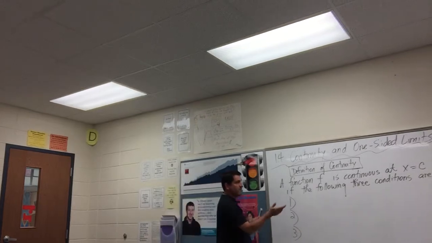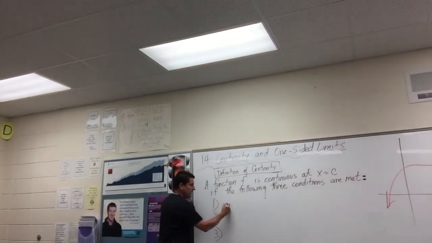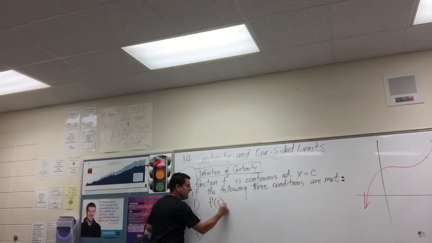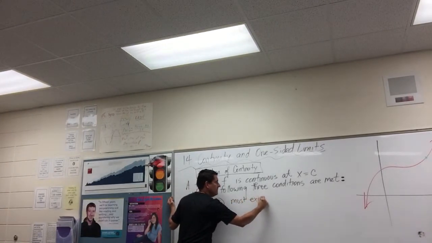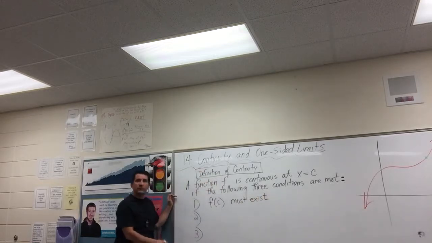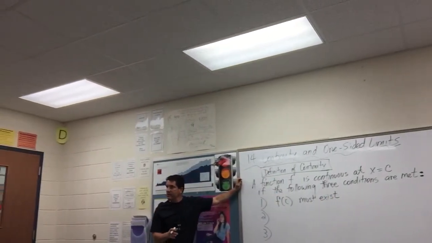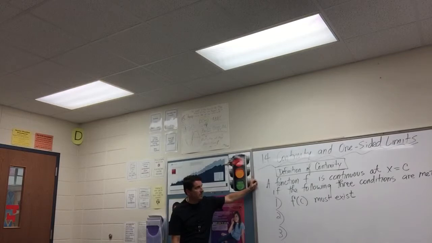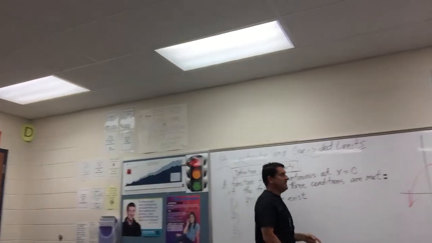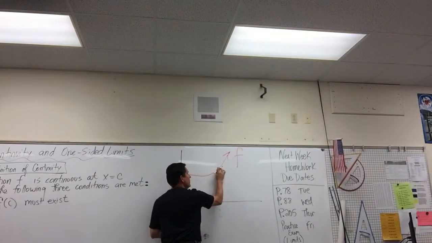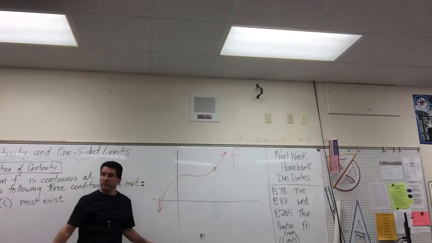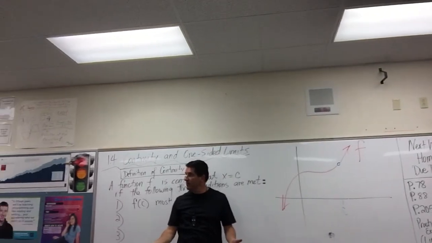So I think the first thing that has to happen is that f of c has to exist. We're establishing the rules for what it really truly means to be continuous at a point. If f of c doesn't exist, then this thing has no chance of being continuous because there's a hole right there.